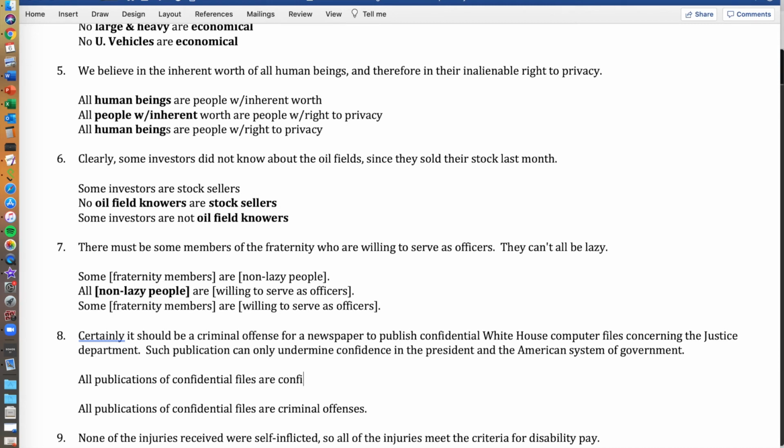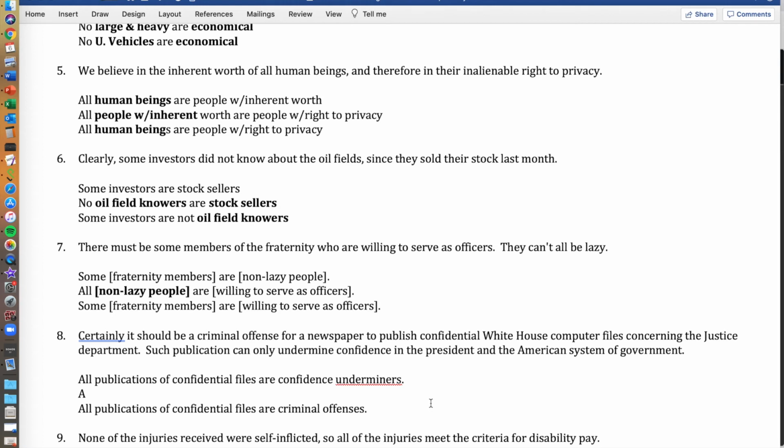We'll call them confidence underminers, undermining confidence in the president. Okay, so in this case, we have a universal affirmative conclusion and a universal affirmative premise, which tells us the missing premise must be affirmative to avoid unequal negation.